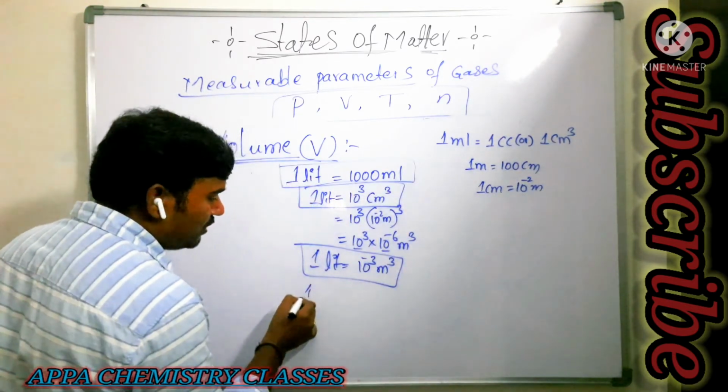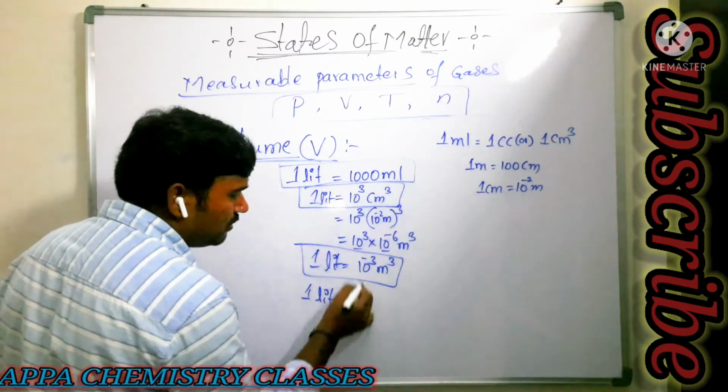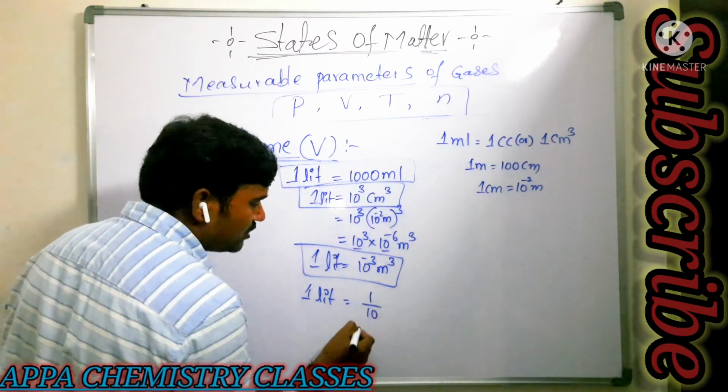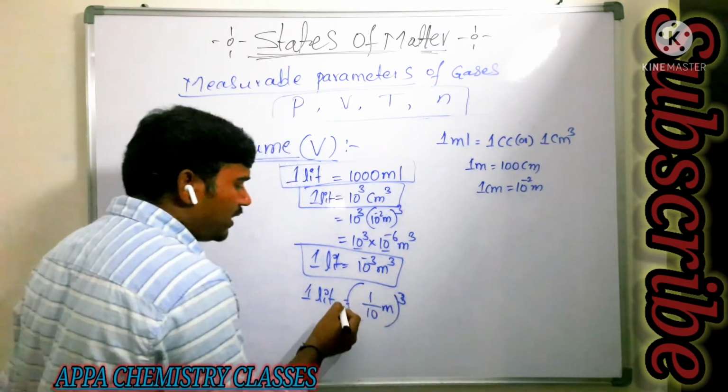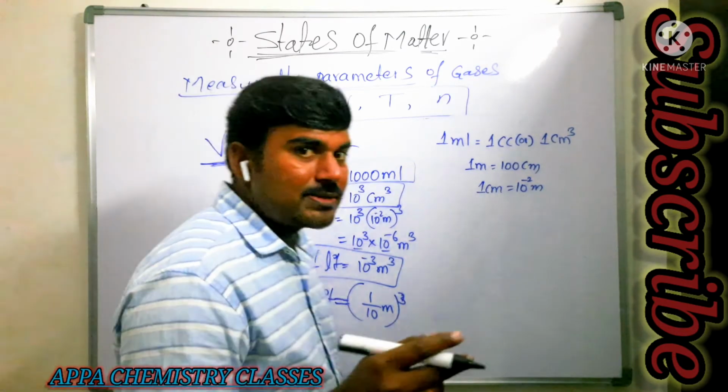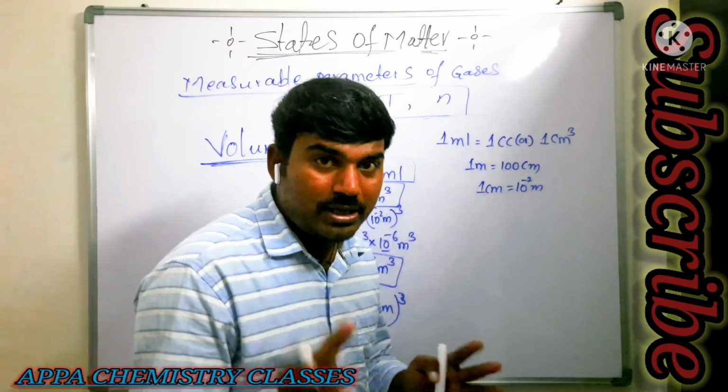This 1 liter, equal to 10 power minus 3, can be written as 1 by 10 meter whole cube. Can I write like this? 1 by 10 is called deci, 10 is called deca.